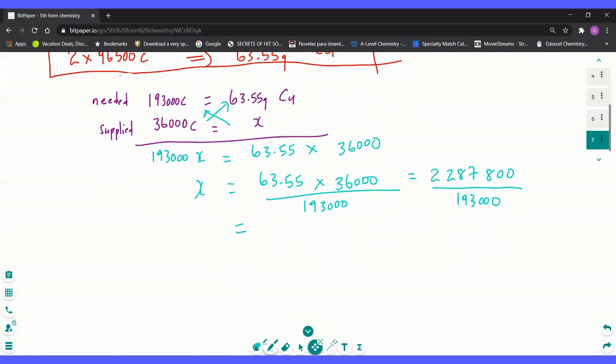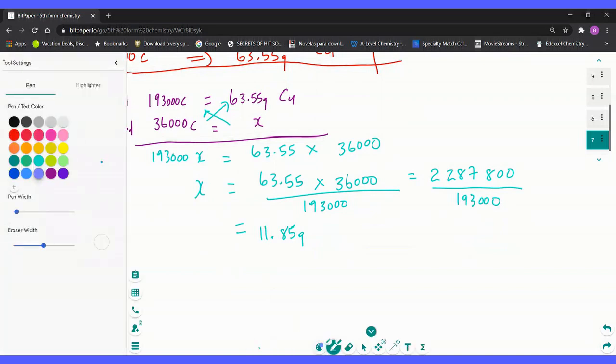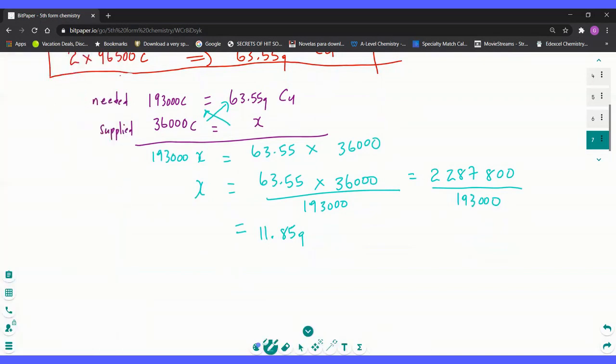It would be 11.85 grams. Okay. So at the end of this, we can say that 11.85 grams of copper formed at the cathode.